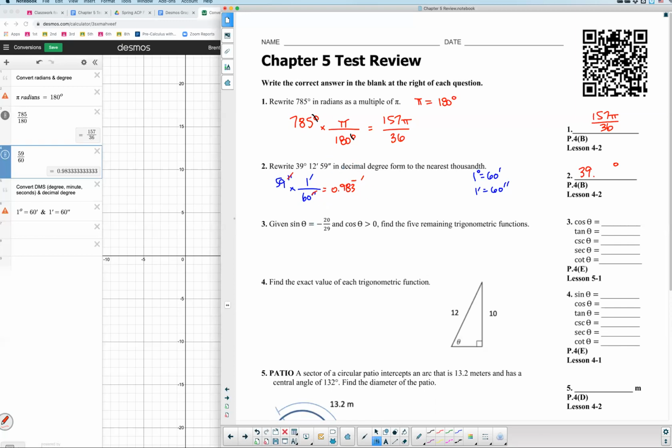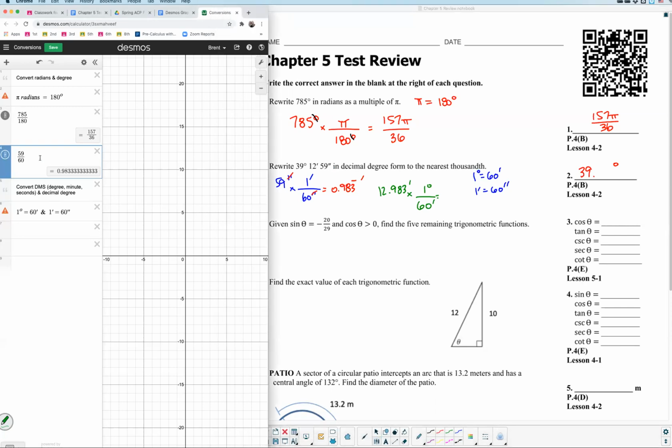So now what I do is I take it and I combine it with this amount of minutes. So I now have 12.983 minutes, and I want to convert those to degrees. And so now I'm going to use this conversion, that in every 60 minutes we have 1 degree. And so now let's take that value. We're going to say 12.98, and you can just do a bunch of 3s if you want.